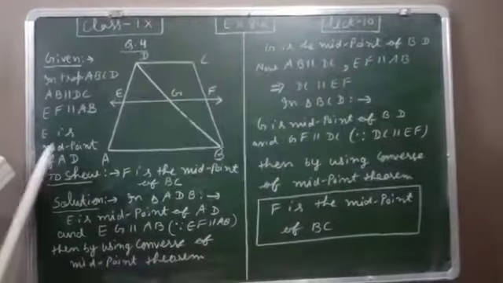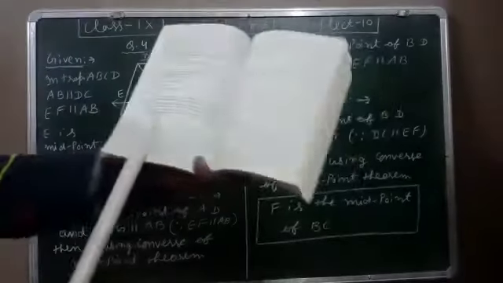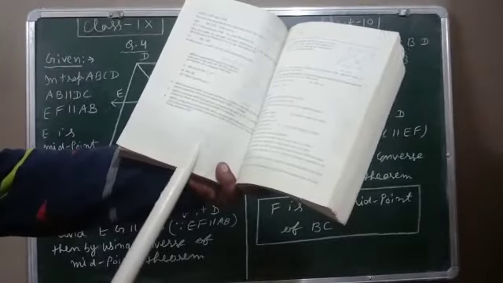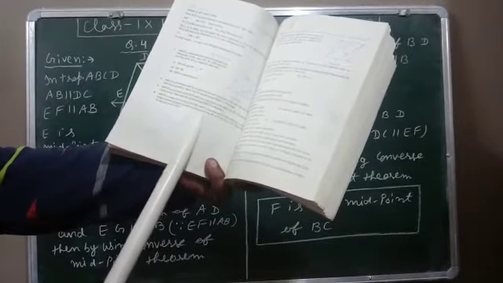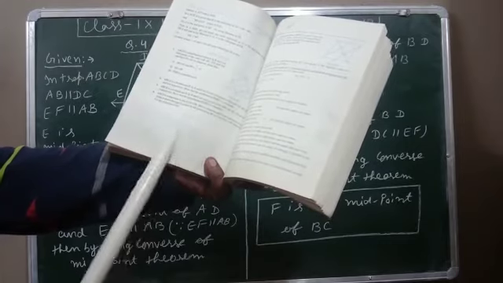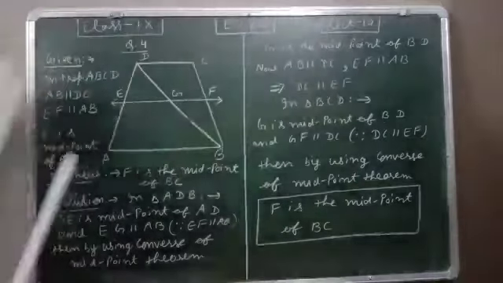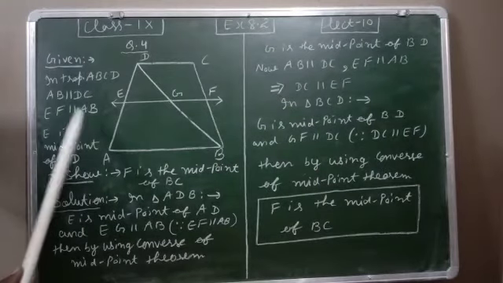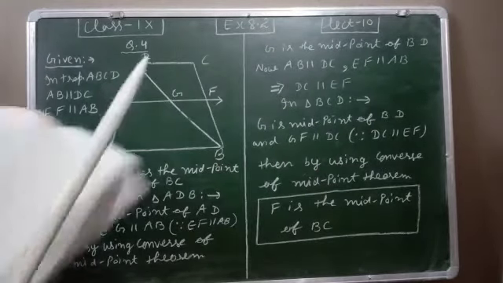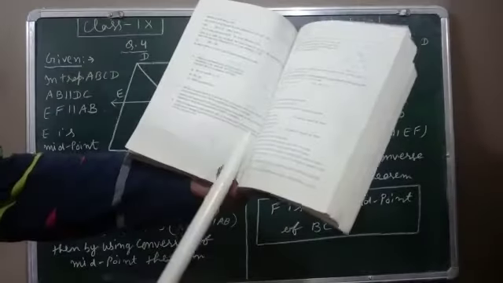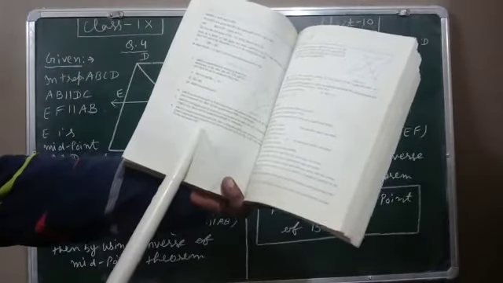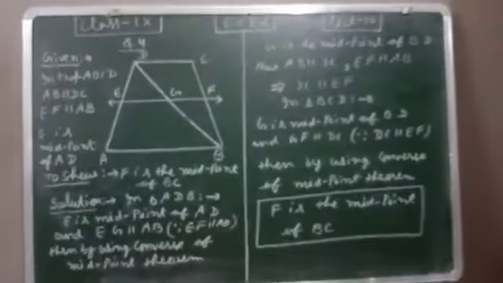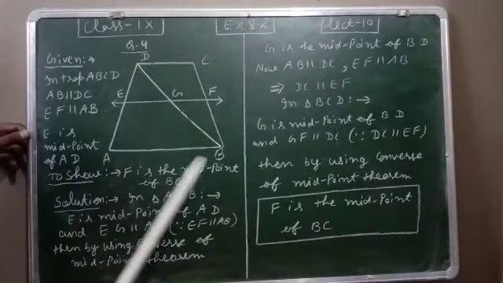A line is drawn through E parallel to AB, intersecting BC at F. So EF is parallel to AB, AB is parallel to DC, and E is the midpoint of AD. We want to show that F is the midpoint of BC.